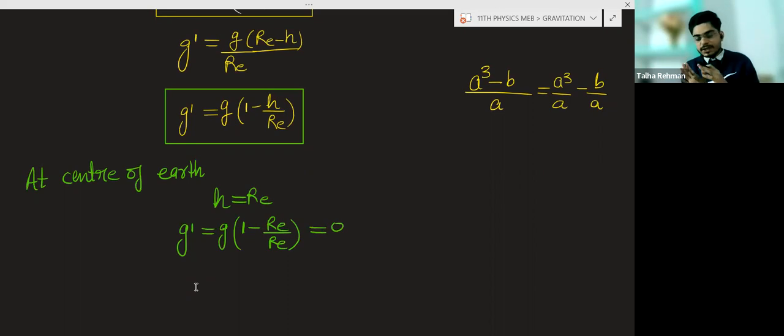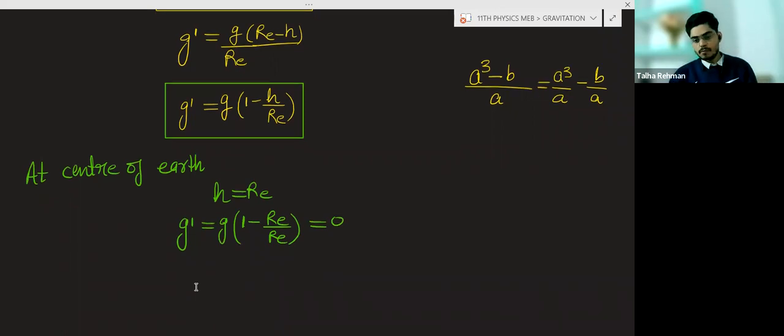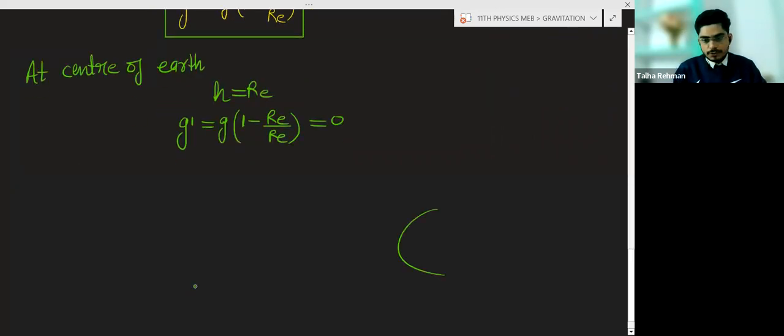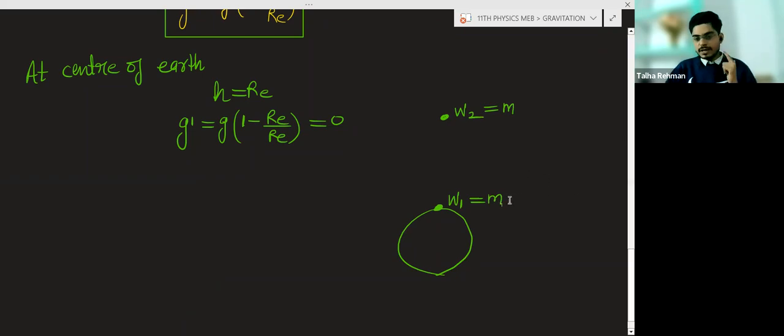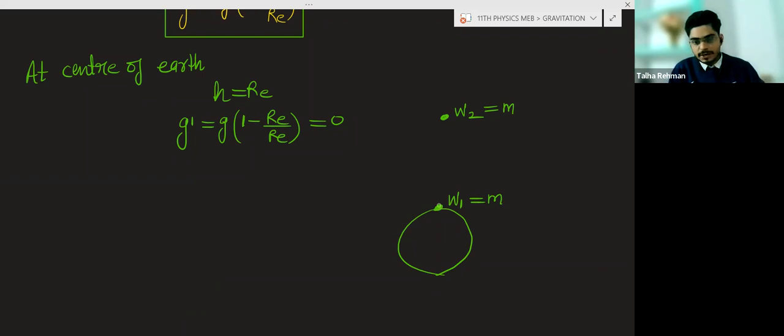Weight is defined with respect to position. If you change your position, weight will change. For example, this is earth, if you are here at the surface, and suppose you are here, so if your weight is W1 here, your weight will be W2 there. What is the reason the weight is changing? Because weight is mass into acceleration due to gravity at this position, and mass will never change.